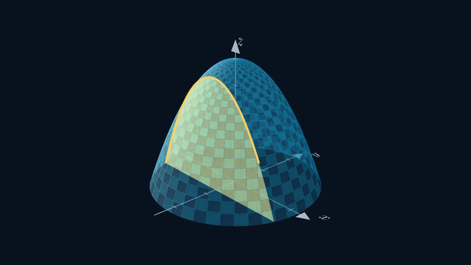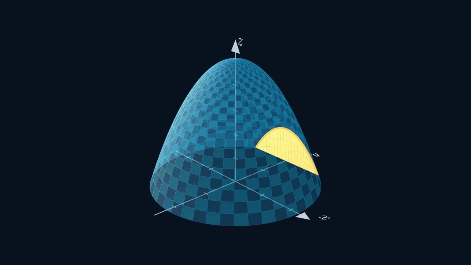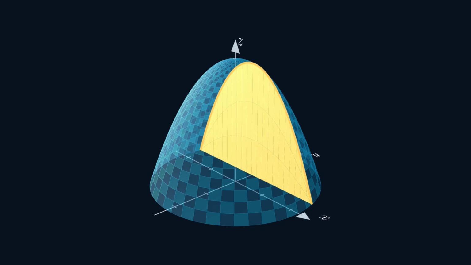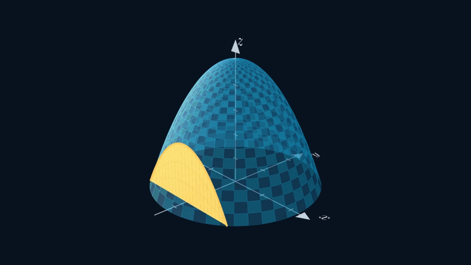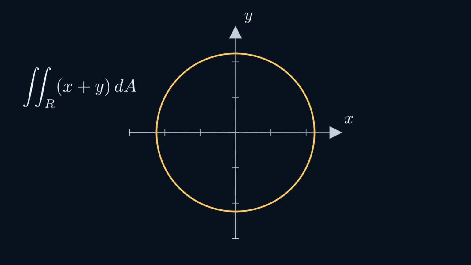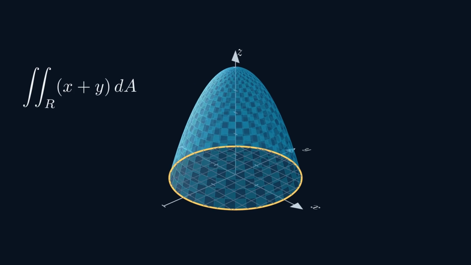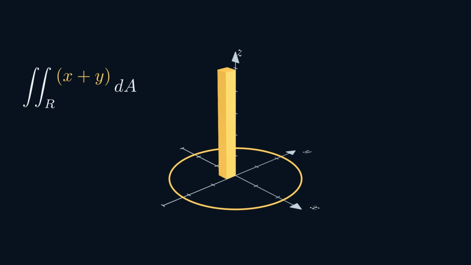In the previous video, we visualized the double integral as the accumulation of volume as a cross-sectional area sweeps back and forth. However, an equivalent way to view this is to break up the region of integration into many little squares and multiply the area of each square by the height, which is represented by the integrand, to get the volume of a little rectangular prism.